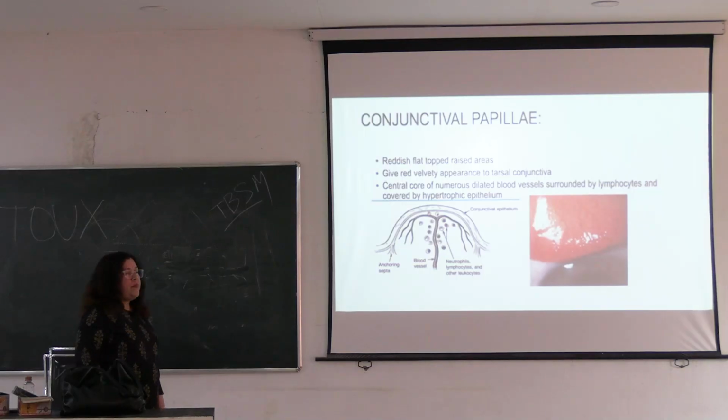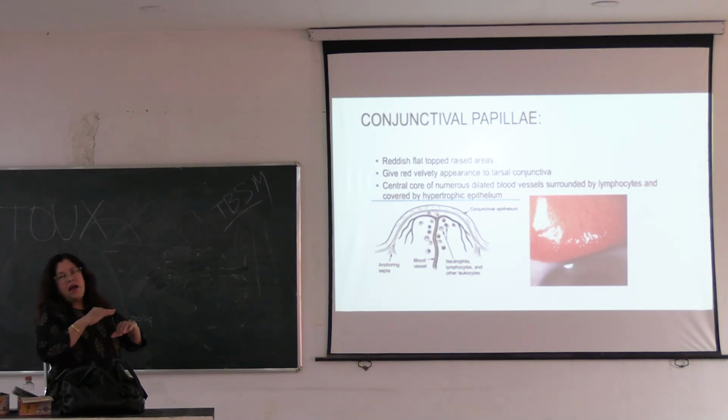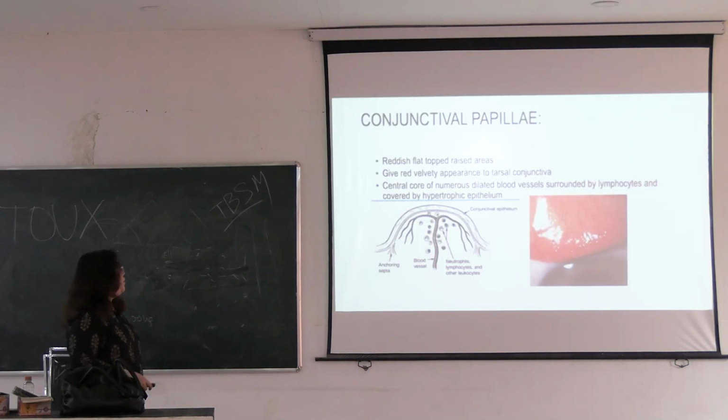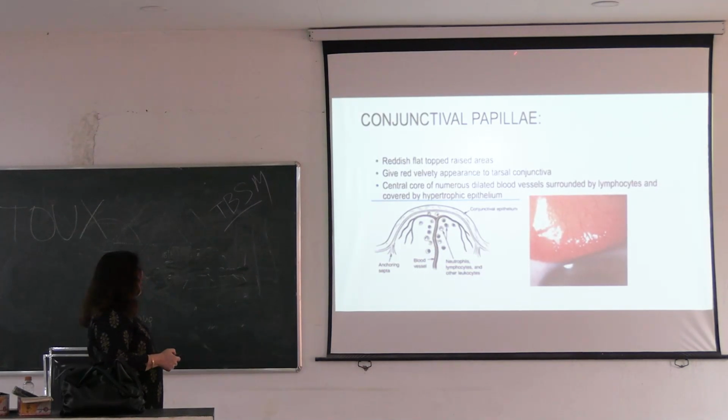Then conjunctival papillae. Papillae are hypertrophy of the conjunctival epithelium, raised and flat topped, mainly present in the tarsal conjunctiva of the upper lid.